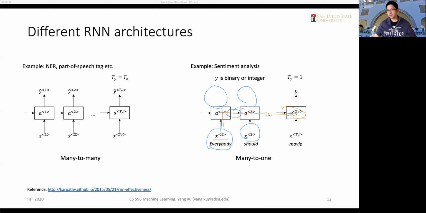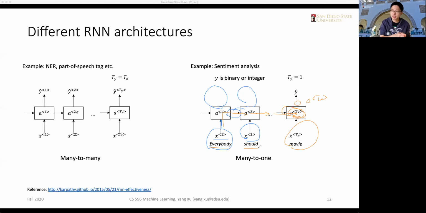That means if we use the activations from the last time step, this A capital T_x, it not only contains information about the last word, movie, but it also contains all the information from all the previous words, like everyone should go to the theater to watch the movie, or everyone should not watch the movie.